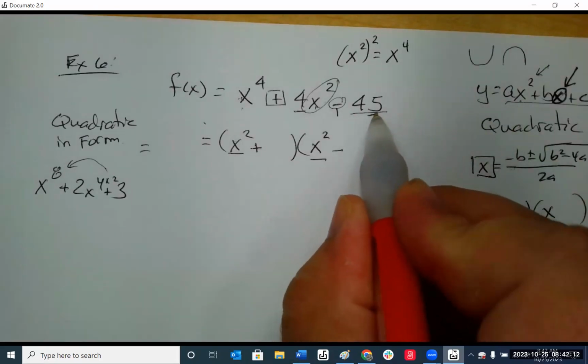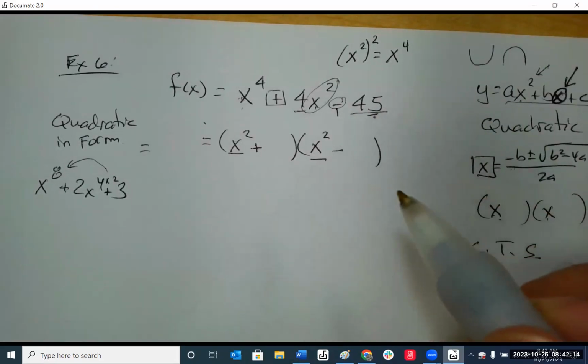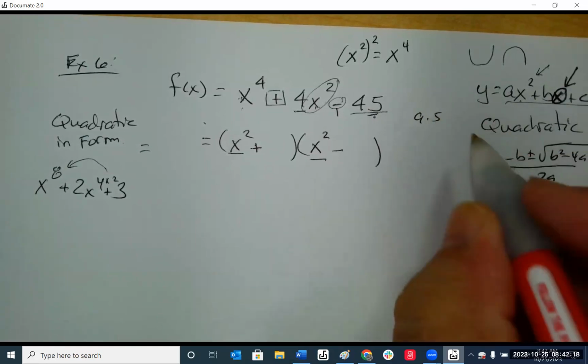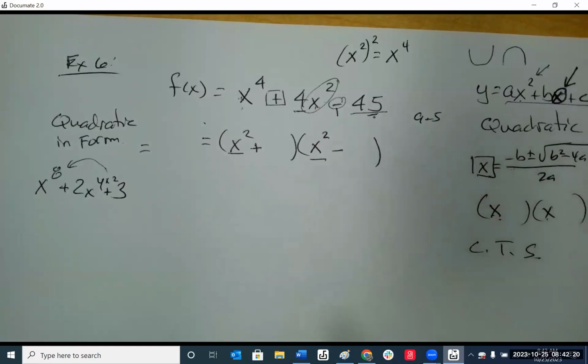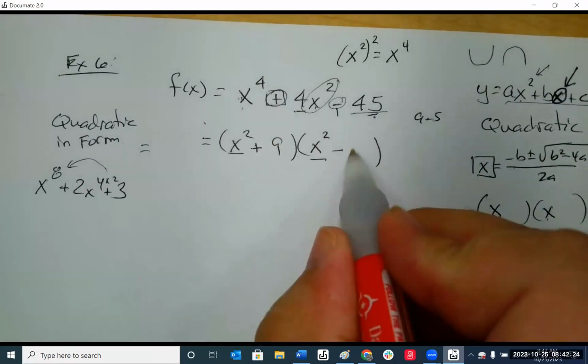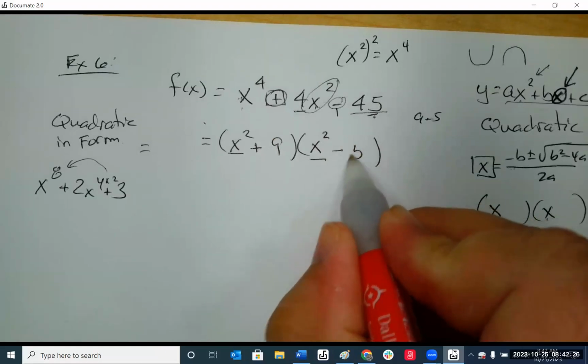It ends in a 5. So how many times does 5 go into 45? 9. So 9 times 5 is 45. 9 minus 5 is 4. So the 9 goes here, and the 5 goes there.